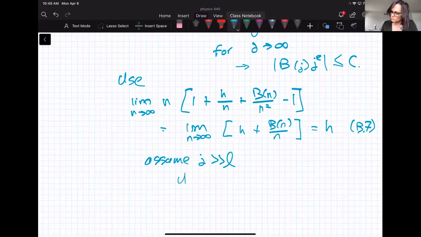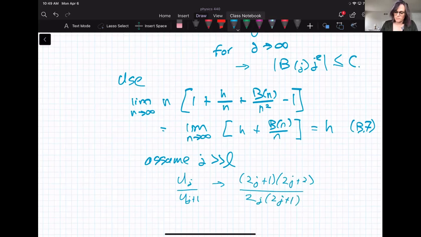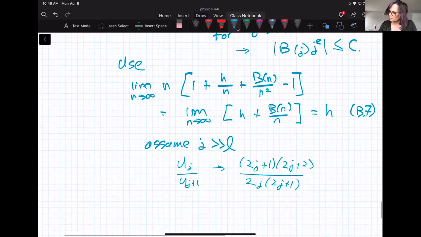Then u sub j over u sub j plus 1 goes to 2j plus 1 times 2j plus 2 over 2j plus 1, which is equal to 2j plus 2 over 2j, which is equal to 1 plus 1 over j.